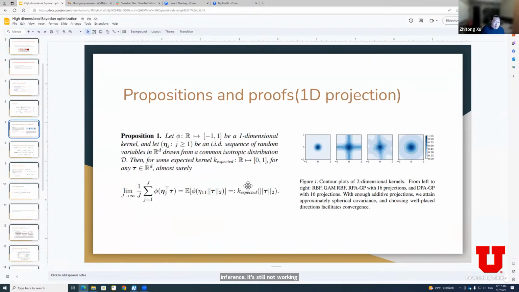I think it's because the expected kernel is not going to work in the high dimension setting. So if you directly use the expected kernel, it won't work, because it takes distance. So we are not going to take the low dimensional kernel as a sum of them and then approximate this. Okay.